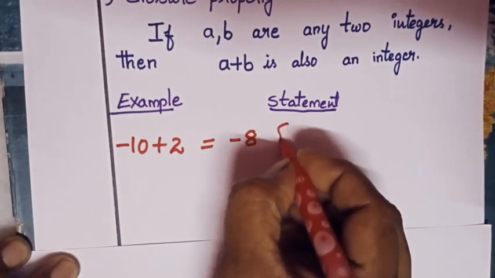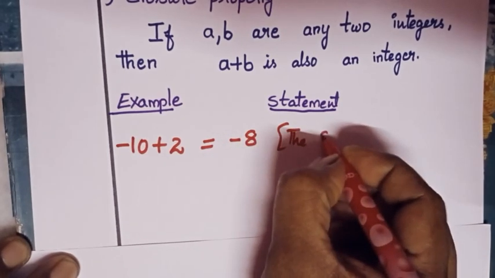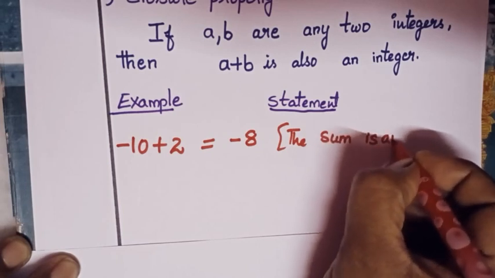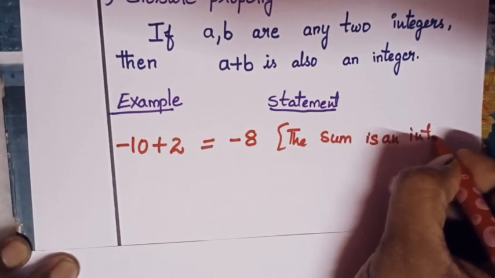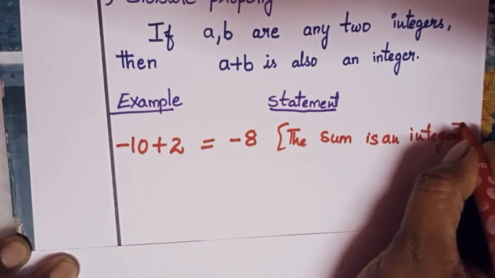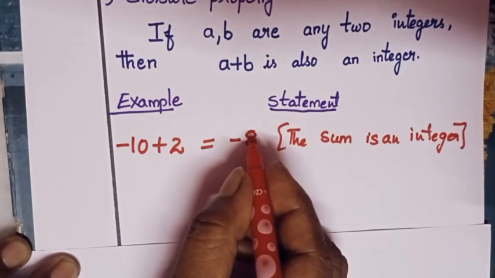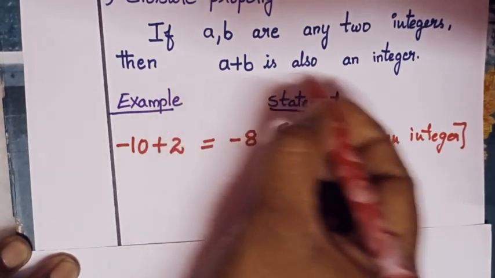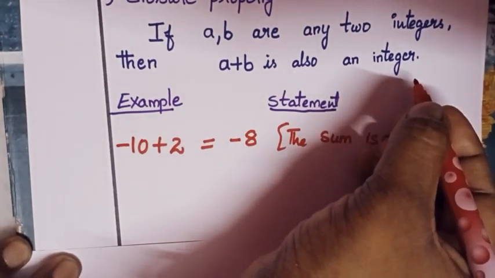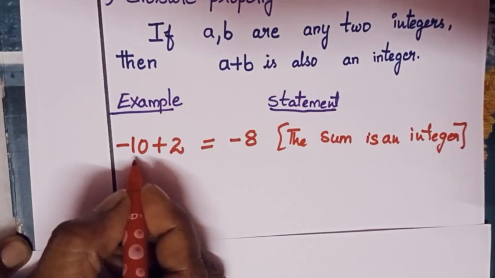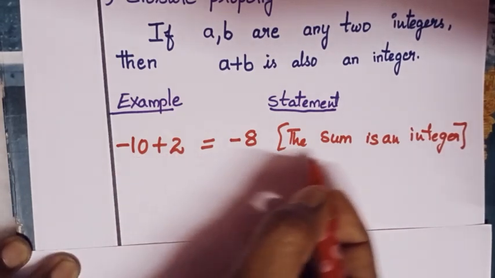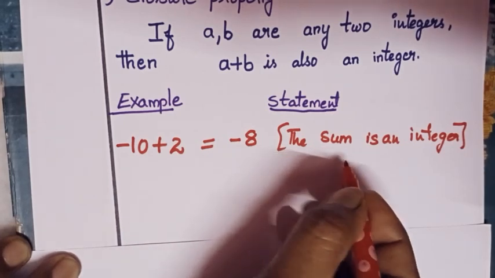So the sum, the result of addition, children, is an integer. Now you understood, children. a plus b equals an integer only. So minus 10 plus 2, which equals minus 8, is also an integer.